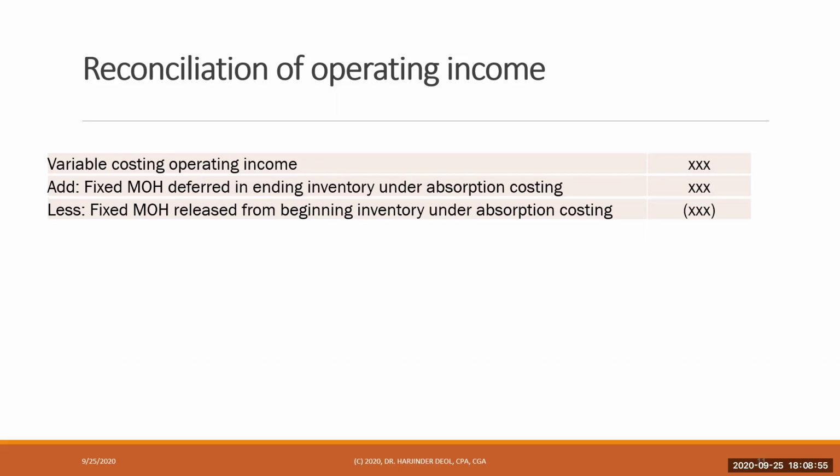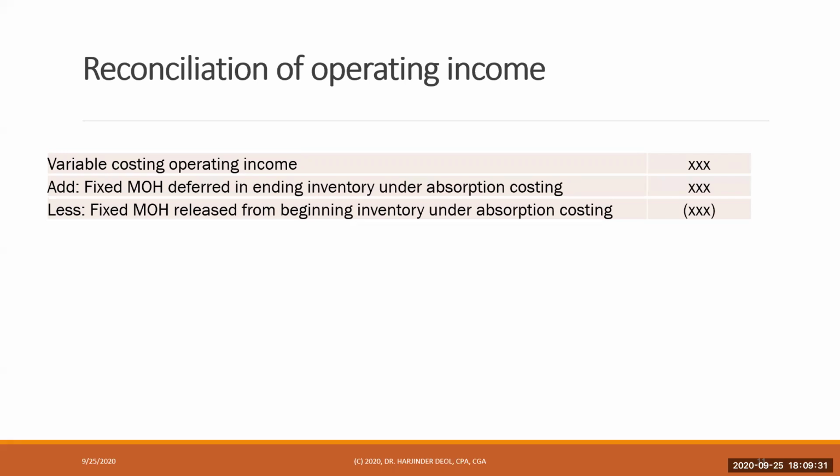Remember, the fixed manufacturing overhead eventually has to be charged as an expense. It's a question of when. So under absorption costing, we consider the fixed manufacturing overhead to have been expensed when the goods are sold, right? So inventory carried forward from the previous period will have been sold in the current period. And so the fixed manufacturing overhead that was deferred in the previous period will have been released into cost, or charged as an expense, in the current period.